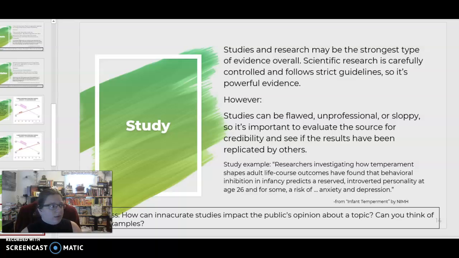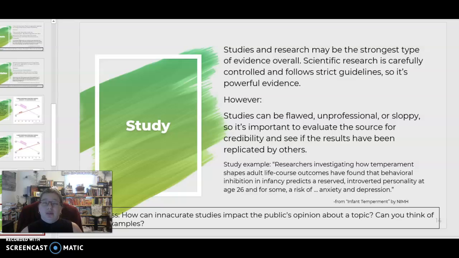For example, the study that came out many years ago about the link between autism and vaccines has been found over and over again to not be replicable. They aren't able to replicate those results, which devalues and delegitimizes the original study.